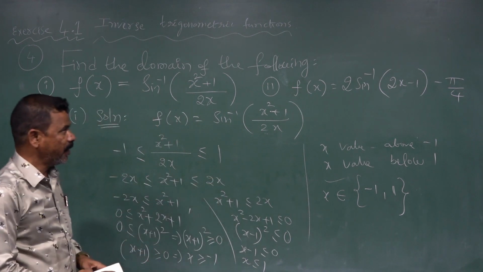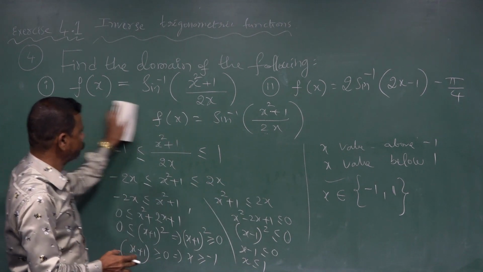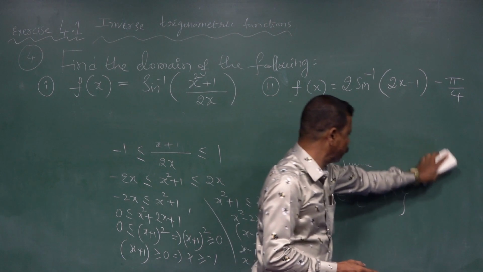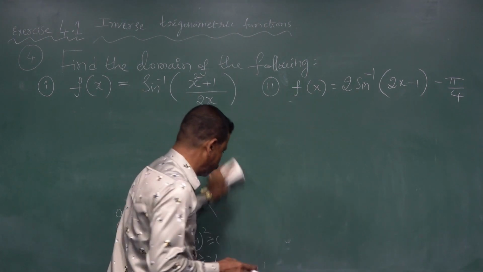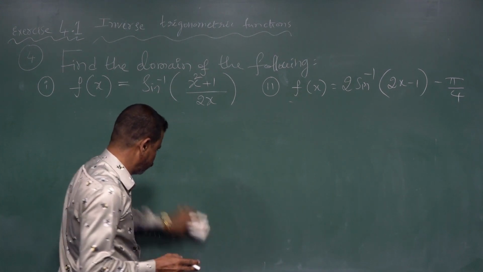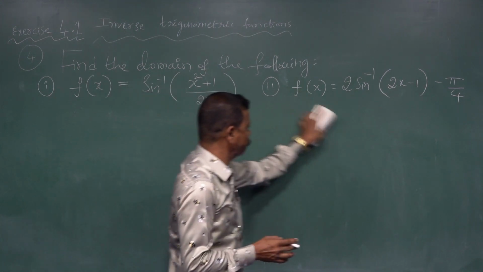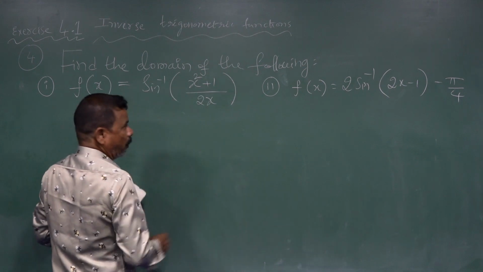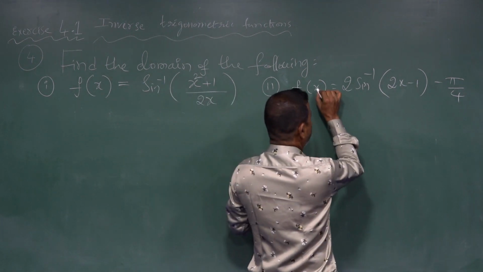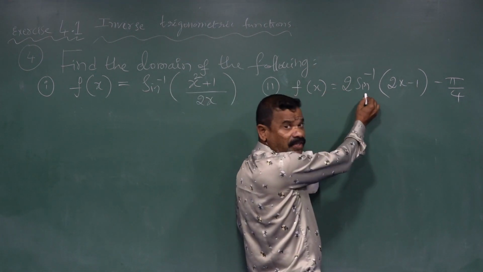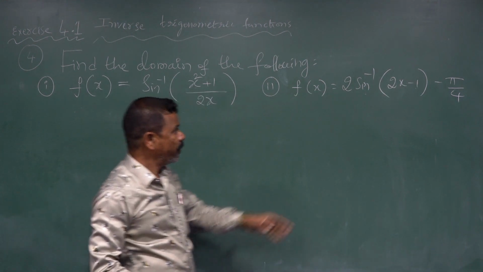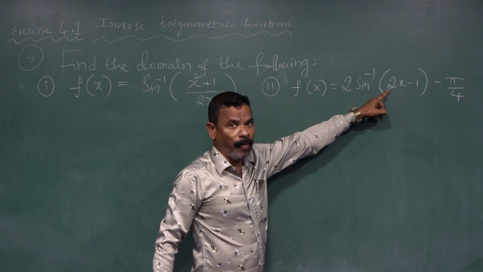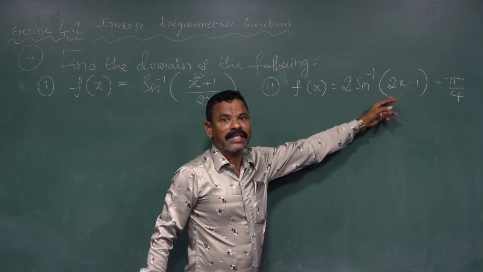This is our next, second problem. You see here, f of x is equal to 2 sine inverse of 2x minus 1, again minus 5 by 4. So he is asking for x values, the domain. What is the domain of this?